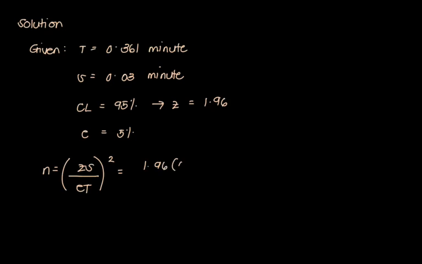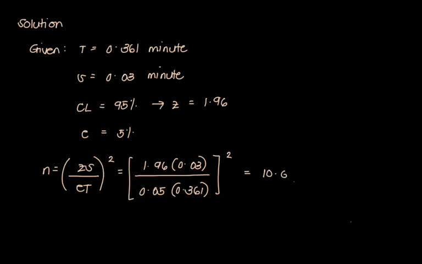And that will be 1.96 multiplied by 0.03 over 0.05 times 0.361, and that's quantity squared. So that should give us a value of 10.61 or rounded up to 11 samples. Now, take note that when we compute for the sample size, we always round up our values.